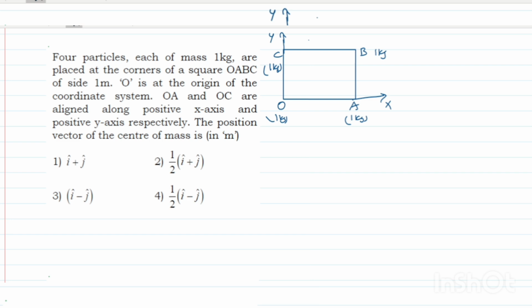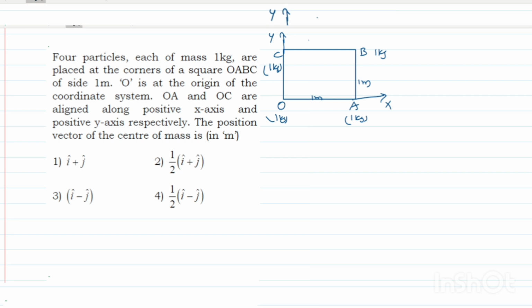Now the position vector of their center of mass. It is a square with each side 1 meter. Let us talk about the center of mass of the system in terms of position vector.